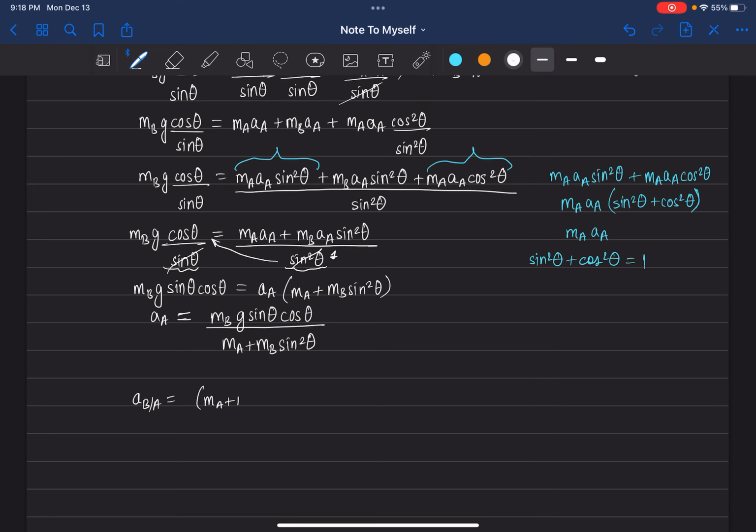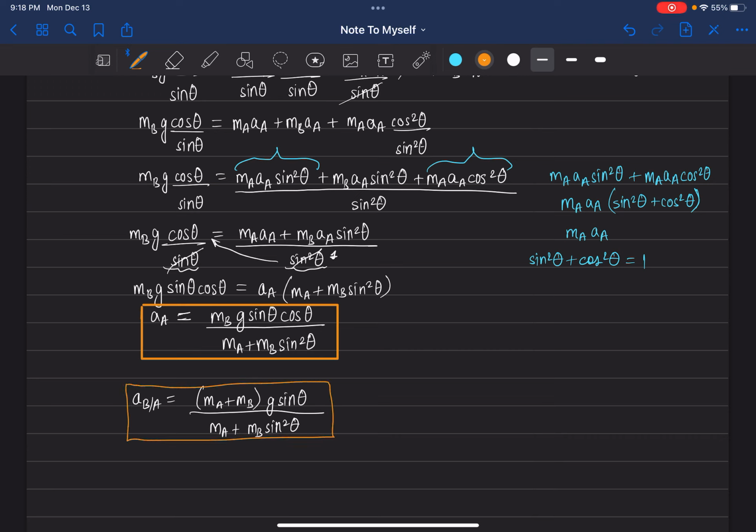m of a plus m of b, g sine of theta, and m of a plus m of b sine squared theta. So these are the two equations that I would basically get, right? So I would get this for a of a, and I'll get this for a of b with respect to a.